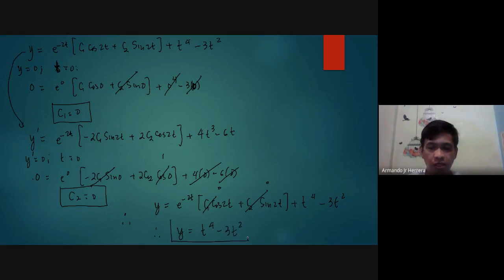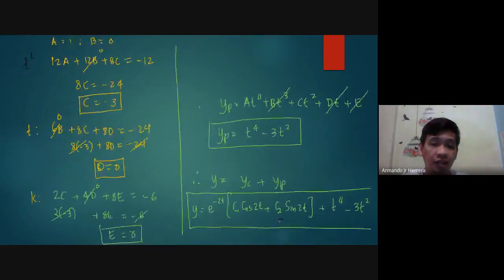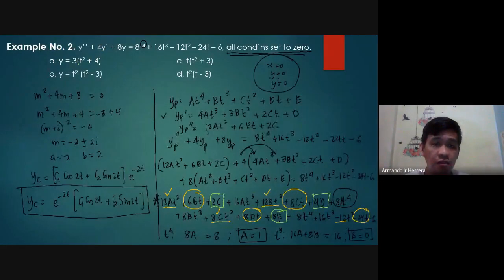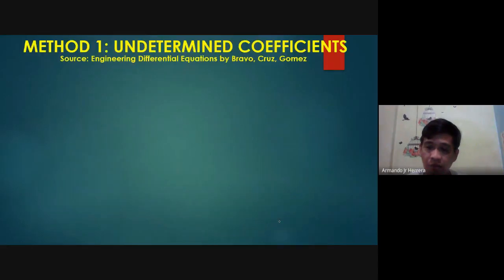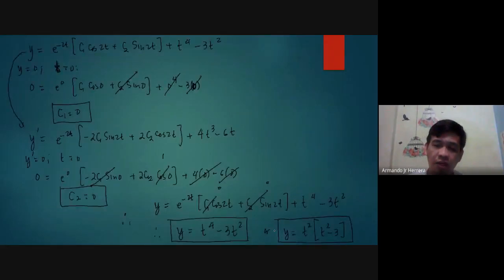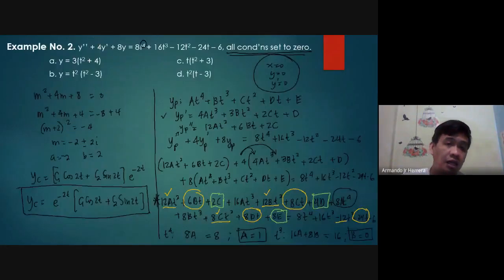So this will be our particular solution. Or y is equal to t squared minus 3. So that will be our particular solution. So finding the answer, you have t squared minus 3. So that is letter E, our final answer.